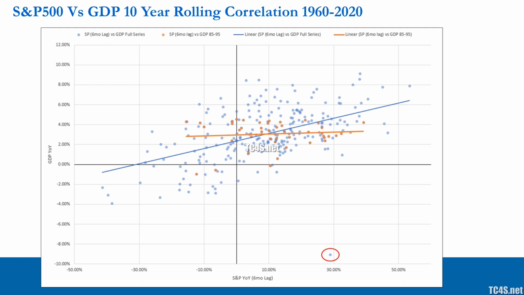Well, if we look at the 1985 to 1995 data stripped out, this is the orange dots on the screen, and you can see that most of the cases are in the top right quadrant. Most of the cases are GDP and S&P 500 on a 6-month lagging basis, moving in the same direction, and both are positive.